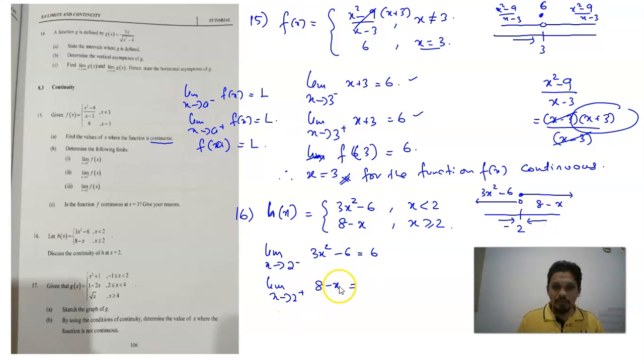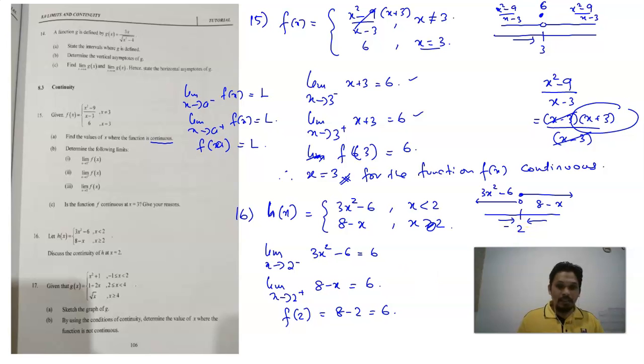So x equal to 2, 8 minus 2 also equals 6. For x greater than or equal to 2, meaning x equals 2 for this function, h(2) is 8 minus 2, also equal to 6.